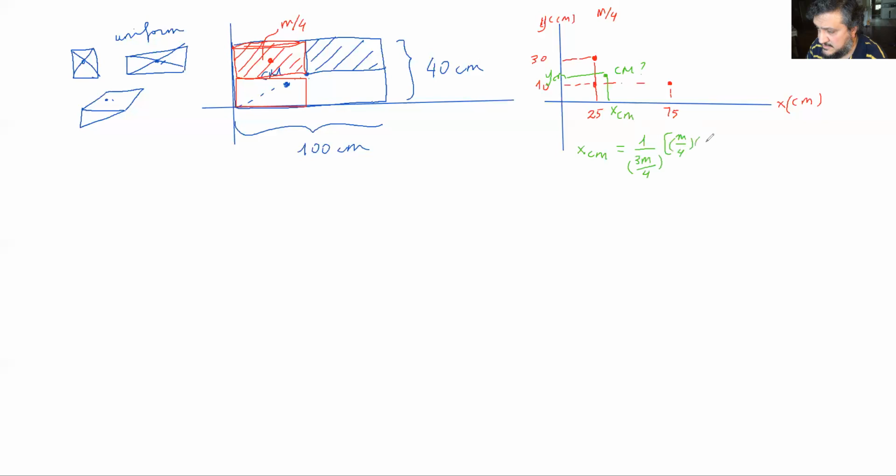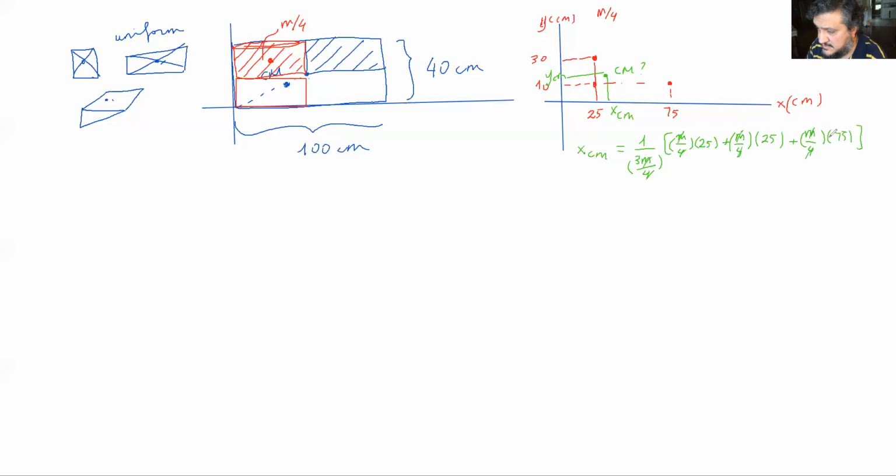Just multiply it by 25. One more like this. So right below it, m over 4 times 25. And then the third mass, which is also m over 4. Multiply this by 75. Okay, so the m over 4s cancel.